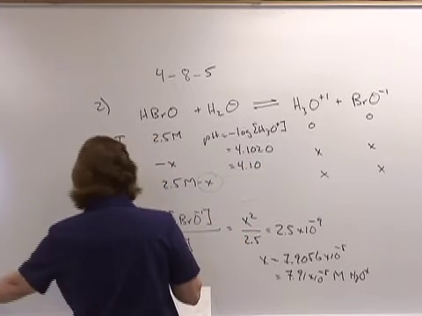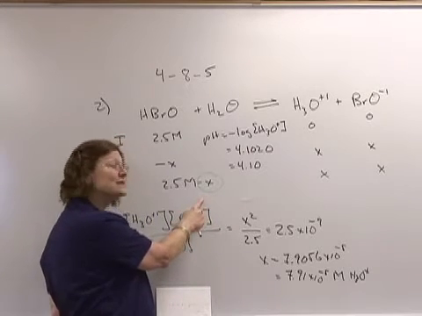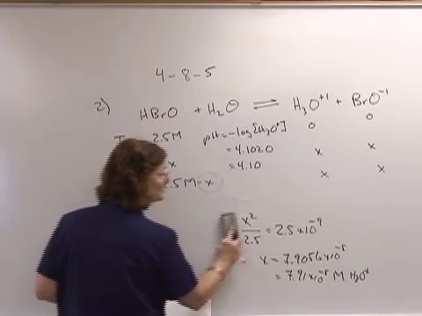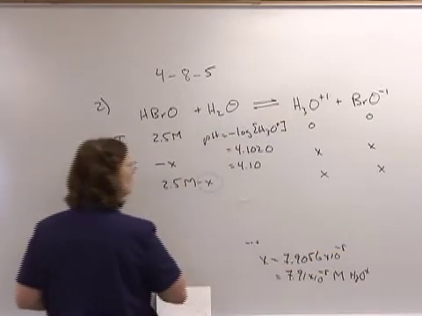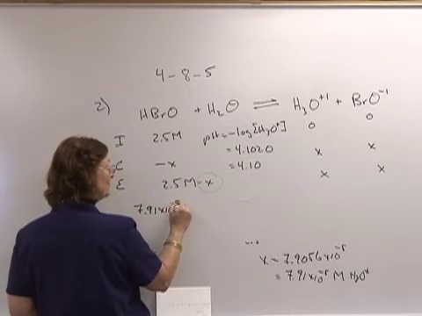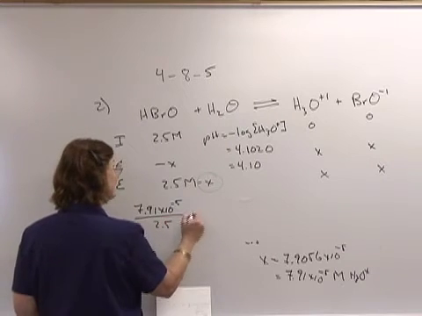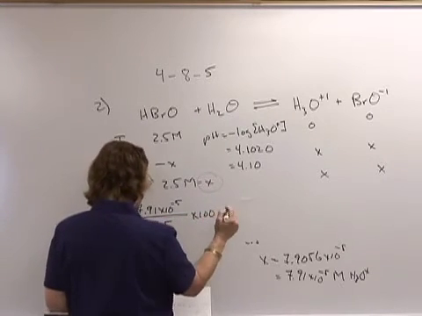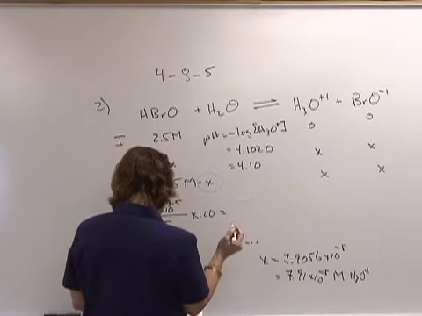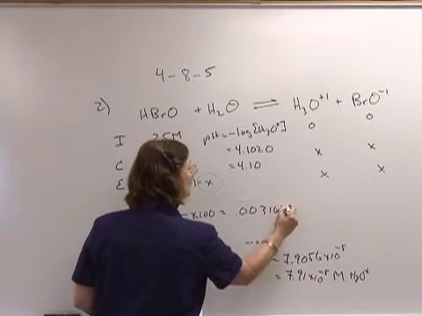Then secondly, I need to figure out how much was dissociated so I can verify that this is indeed true. And I'm going to take the amount that it was dissociated, which is my 7.91 times 10 to the negative 5th, divided by my original amount, which is 2.5 times 100. And I get the amount is tiny, tiny, tiny. It is 0.003164.